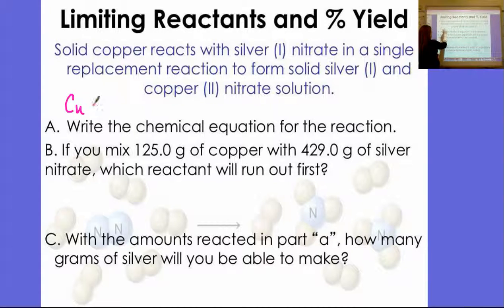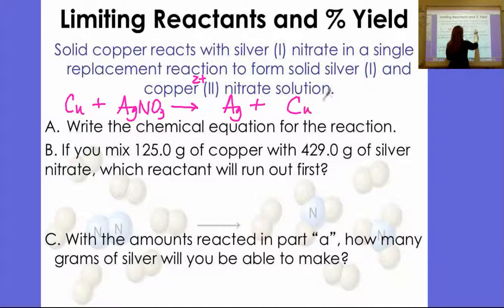Solid copper reacts with silver nitrate, plus 1 minus 1, in a single replacement reaction to form solid silver and copper, this time 2 plus, nitrate, Cu(NO3)2 solution. To balance this, I'll need 2 nitrate groups, which means I need 2 silvers. 1 to 2 to 2 to 1 would be my ratio.